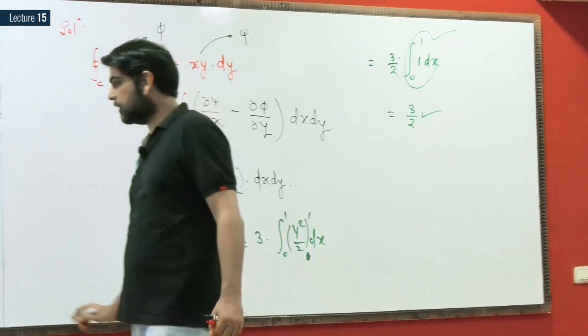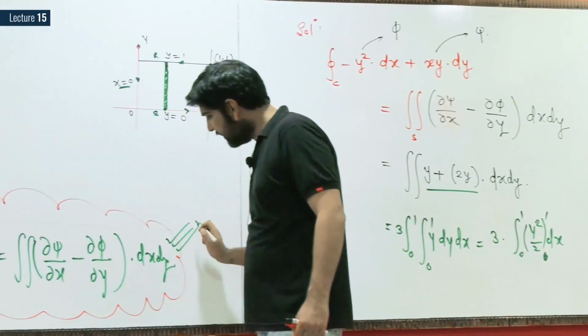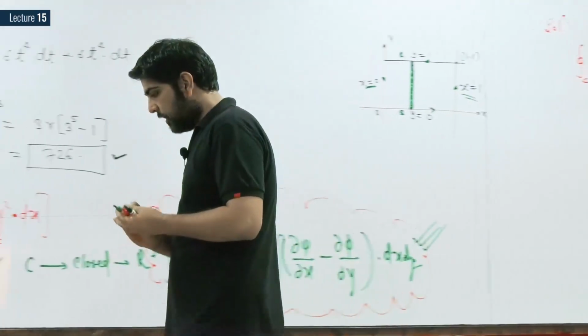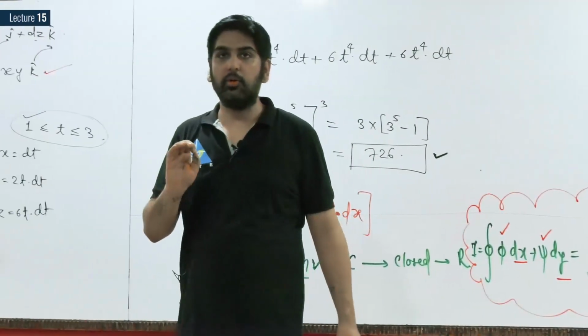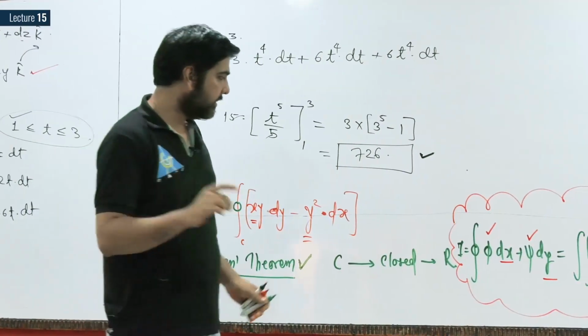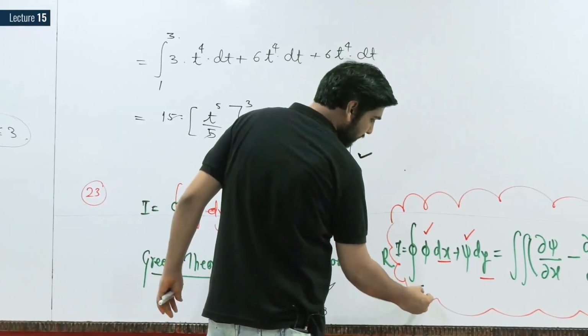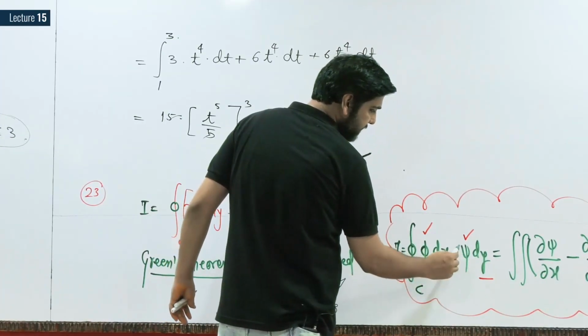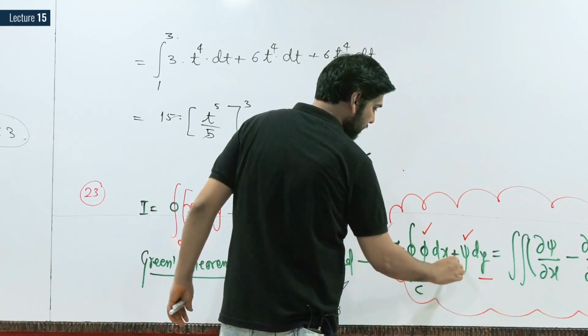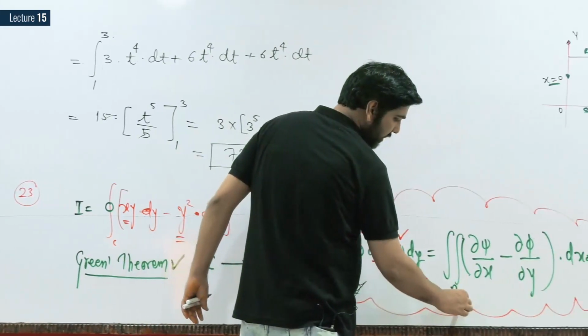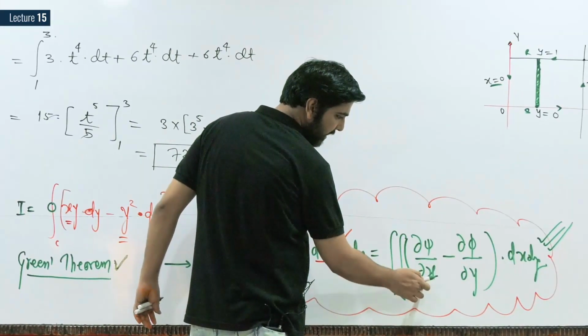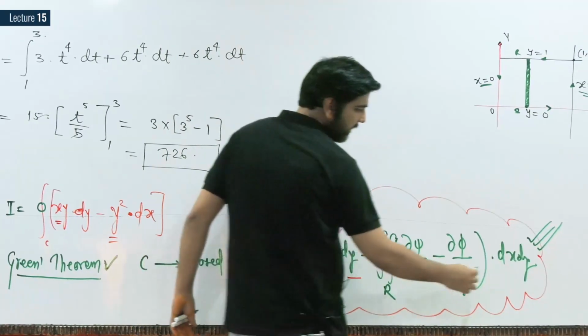Before checking the answer, what is Green's theorem? You should know, if we have a closed curve forming the region R, then the closed integral of phi dx plus psi dy is equal to the surface integral of del psi by del x minus del phi by del y dx dy.